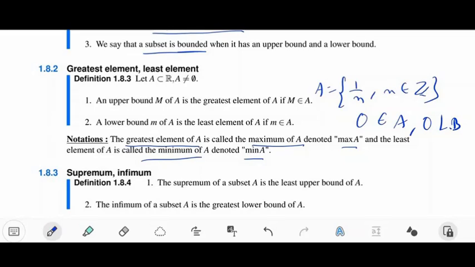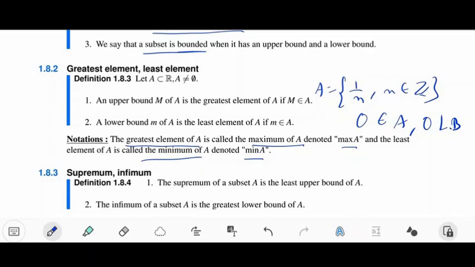So this number 0 is special because it's a lower bound, it's not in the set, so you cannot call it minimum, but it's also not like all the other lower bounds, because you cannot find any lower bound greater than 0. How can we specify this case and differentiate this 0 from the 1, which is an element of the set?